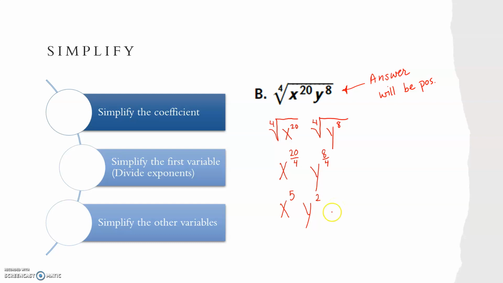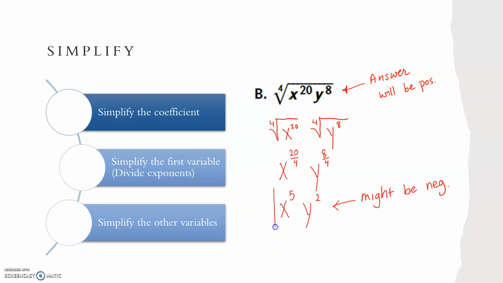And there's a danger that this might be negative. The reason it might be negative is that x is being raised to the 5th power. And the 5th power is, oh, it might be negative. I just started writing at the same time. The reason that it might be negative is because that 5th power might raise a negative number to a 5th power, you'd still have a negative answer.